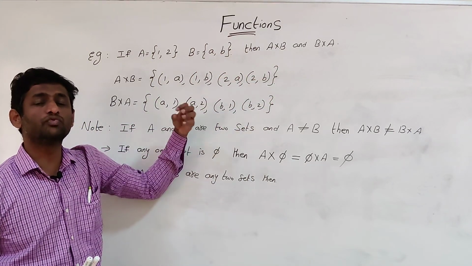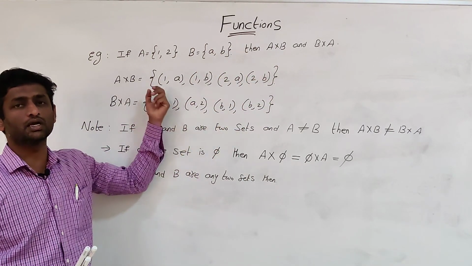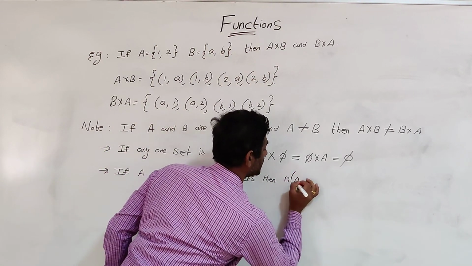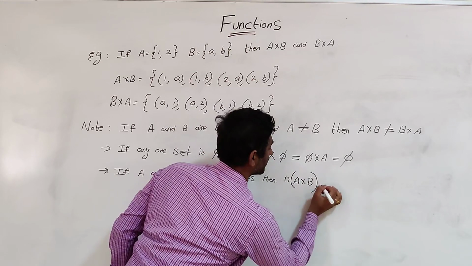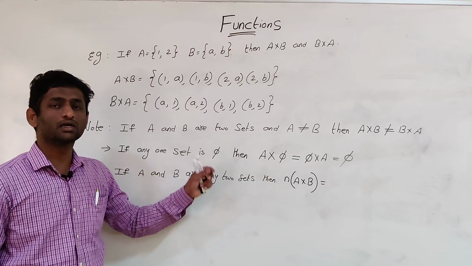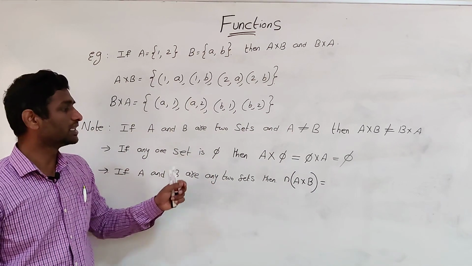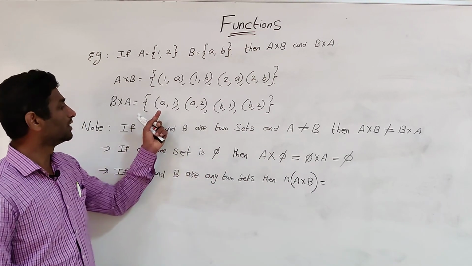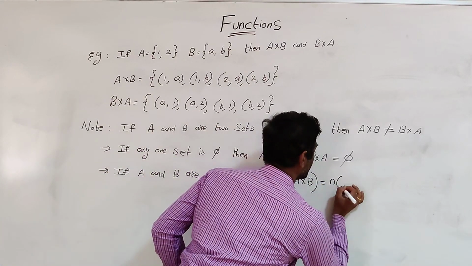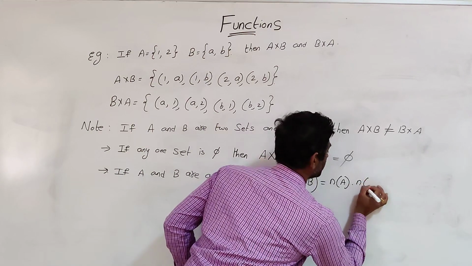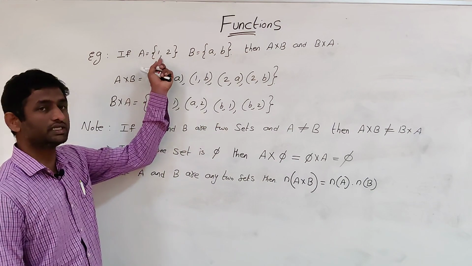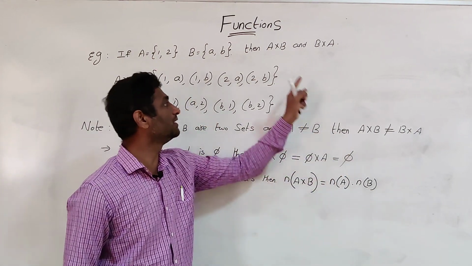So there are 4 elements present in the Cartesian product. Then n of A cross B, meaning the number of elements in the Cartesian product, or we can say the cardinal number of A cross B, is the same as n of A into n of B.